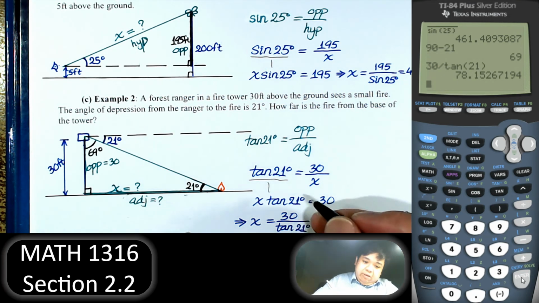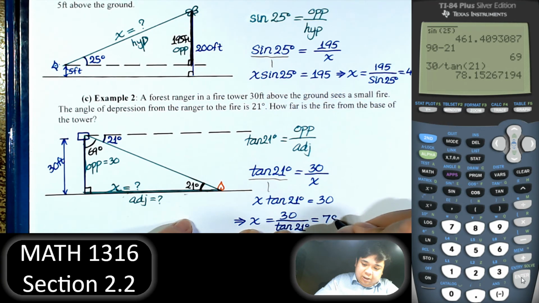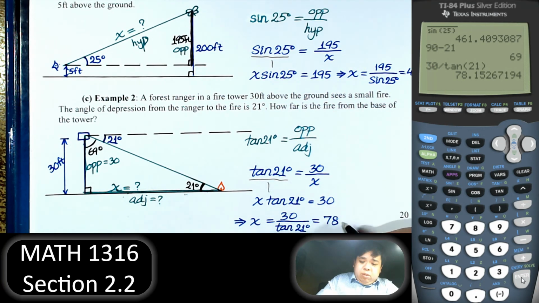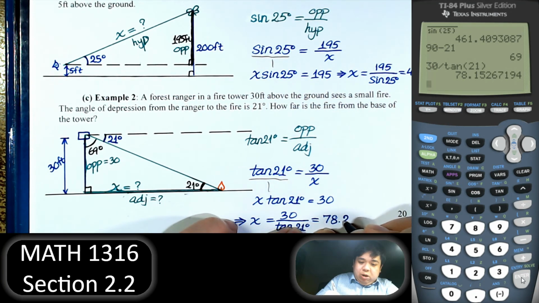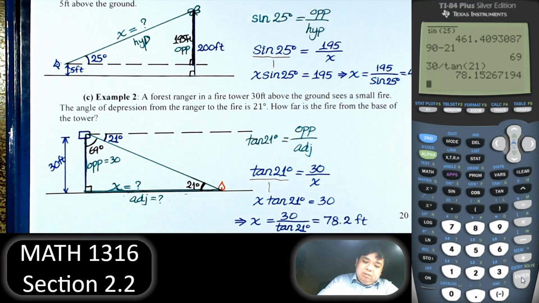That is 78, to one decimal place. Like I said, on the homework in MyMathLab, it will specify how many decimal places they want. The same thing on the test.